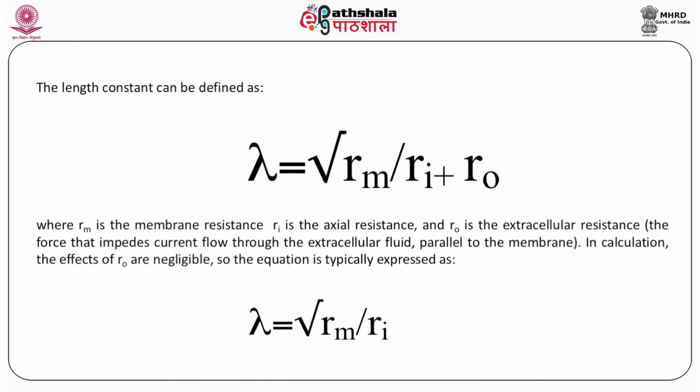The length constant can be defined with the formula lambda equals the square root of Rm divided by Ri plus R0, where Rm is the membrane resistance, Ri is the axial resistance, and R0 is the extracellular resistance, which is the force that impedes current flow through the extracellular fluid parallel to the membrane. In calculation, the effect of R0 is negligible.